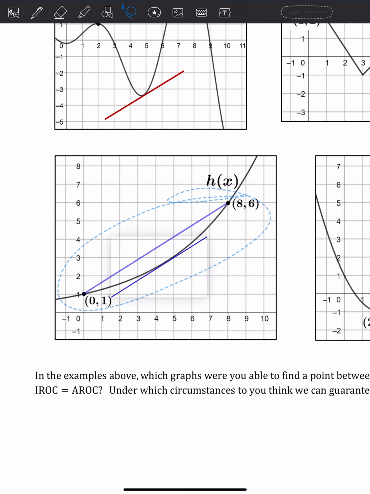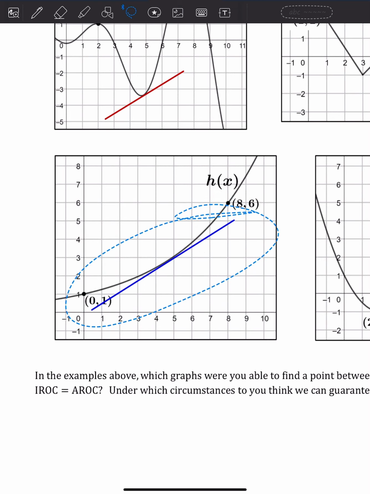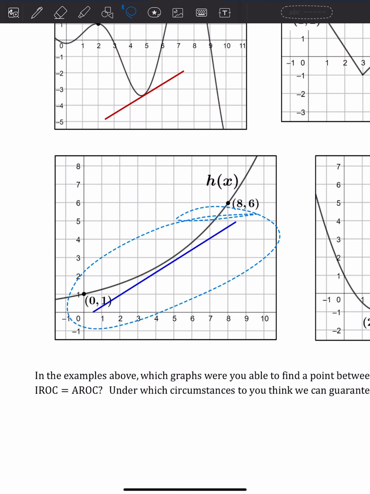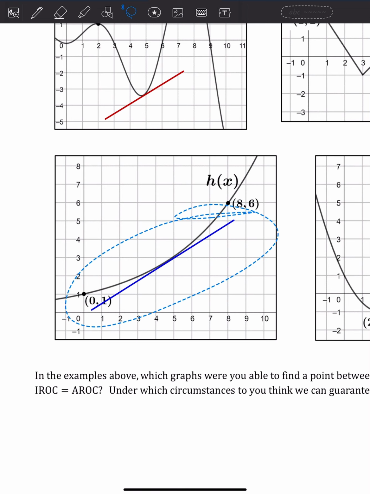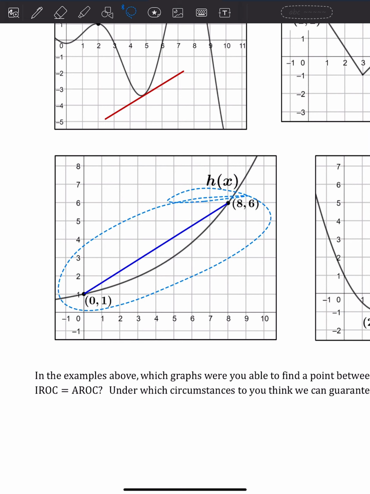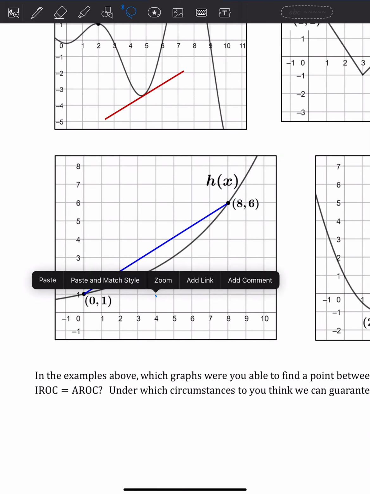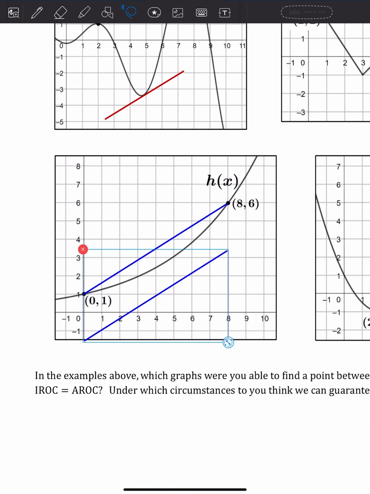So if I try to move this around, if I even just move it down a little bit, this looks like it would be our instantaneous rate of change right here. That matches that average rate of change. So we're going to just put it together. And we have that matching slope. So this one also works.